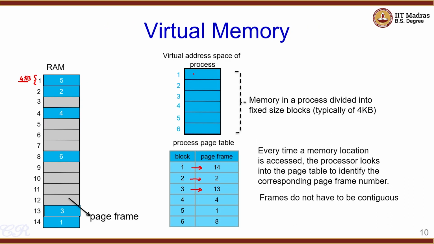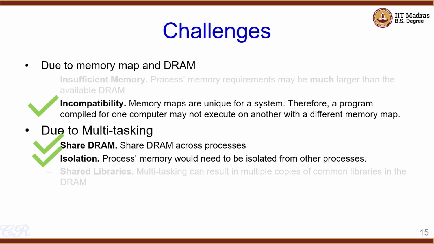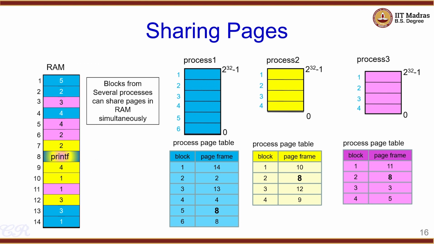So, let us see how this works with the help of virtual memory. We have our copy of printf in one particular page frame. Page frame 8 in this example has our library, or a part of our library, which holds the printf function. Wherever we want to invoke printf, we use the process page table to map into this 8th page frame.